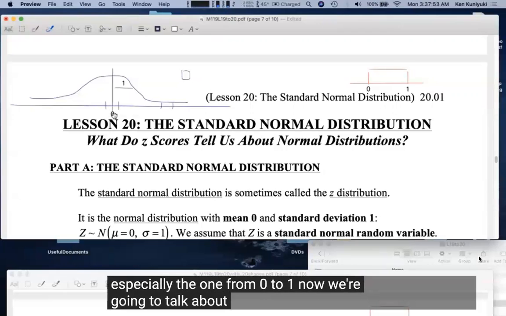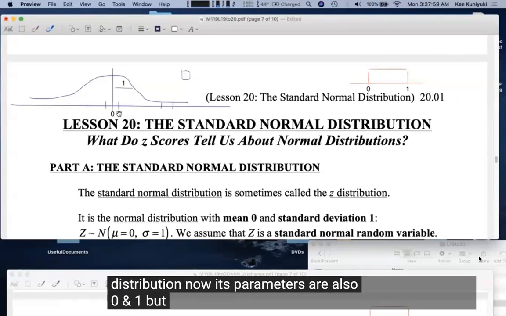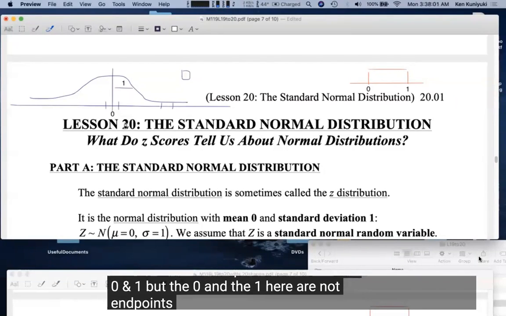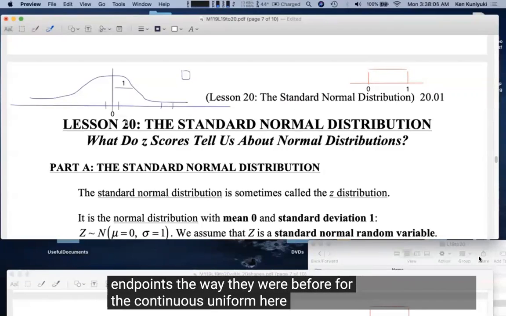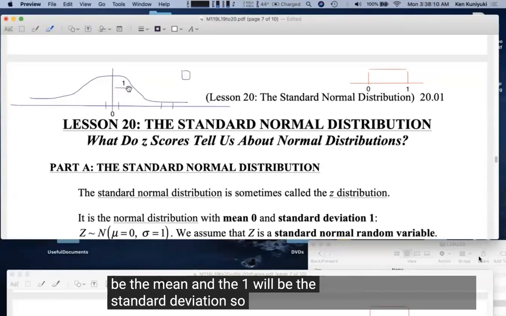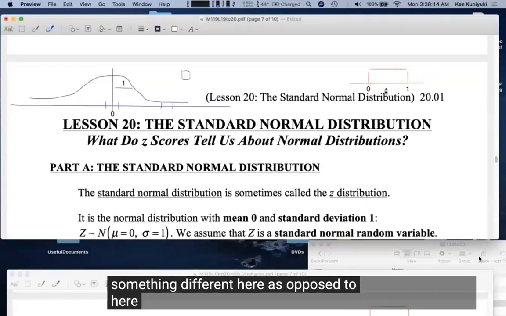Now we're going to talk about this standard normal distribution. Now its parameters are also 0 and 1, but the 0 and the 1 here are not endpoints the way they were before for the continuous uniform. Here, the 0 will be the mean, and the 1 will be the standard deviation. So 0 and 1 mean something different here.